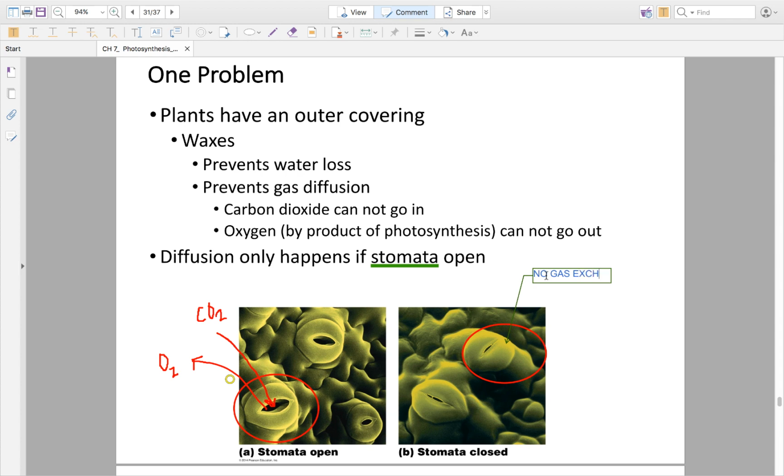That's a problem for plants anyway. So the stomata has to be open for this to occur, and this gas exchange is essential for photosynthesis and the survival of the plant. So what does this all mean? A plant's going to close its stomata if it's hot, at the risk of not being able to exchange gas. And there are some consequences. So let's take a look at what those consequences are.